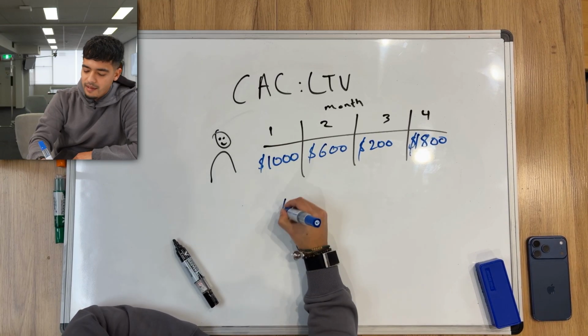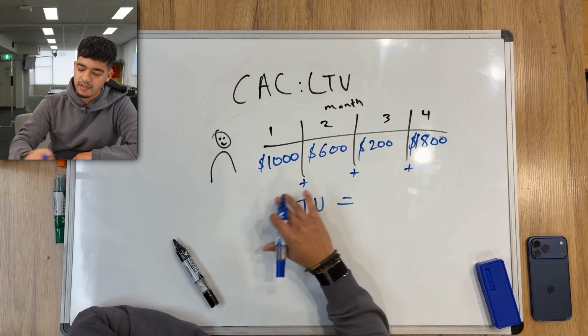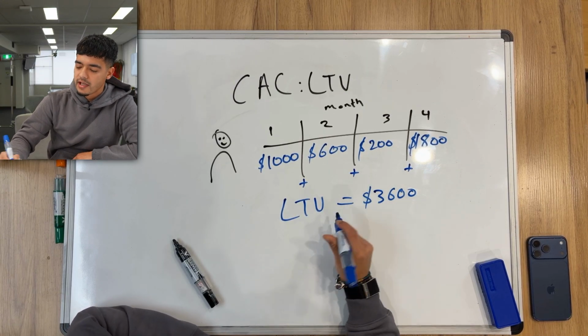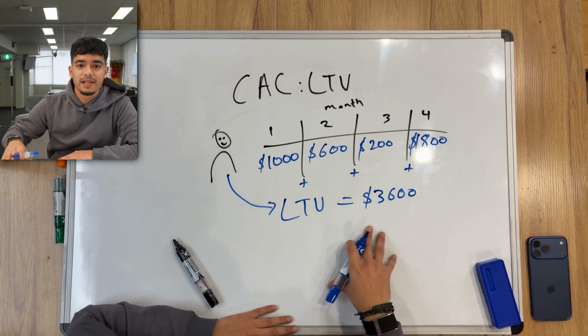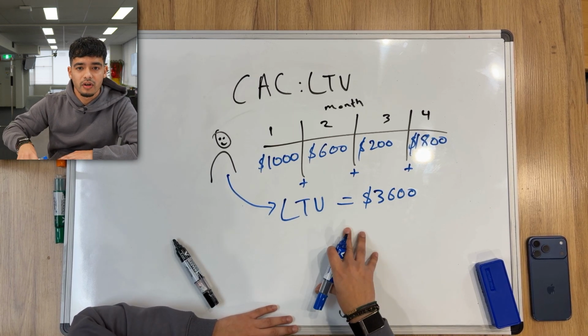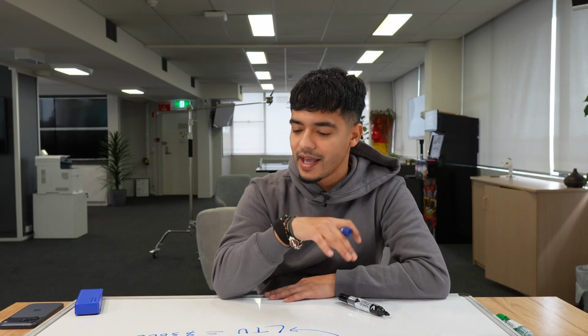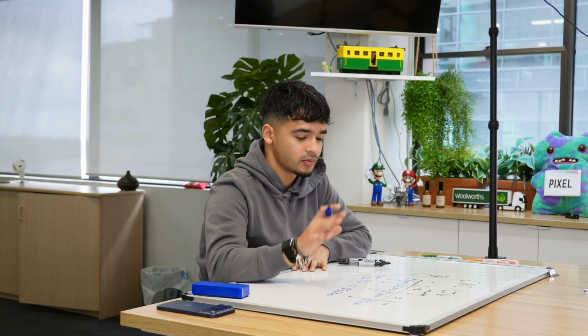So the lifetime value is how much did this customer spend when you add all of these values up together? And the answer is $3,600. So the lifetime value of this customer is $3,600. That means this customer is worth $3,600 to you. The importance of this is it's not just what the customer has spent with you up front, it's what they're going to spend with you over the next 4 months or the next years working alongside you.